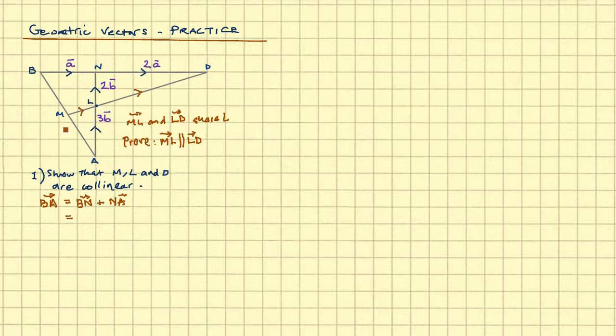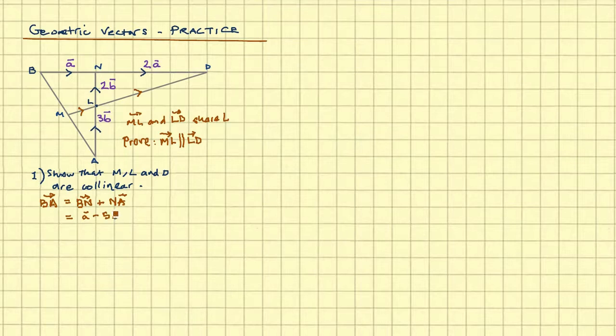Okay, so B to A can be expressed as, if I write it underneath, B to N is a, and N to A, well, that's going to be negative 2b minus 3b. So these are going in the opposite direction, so these are negative.